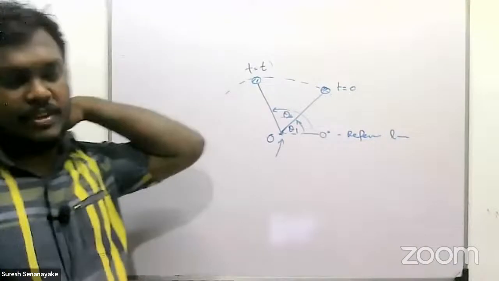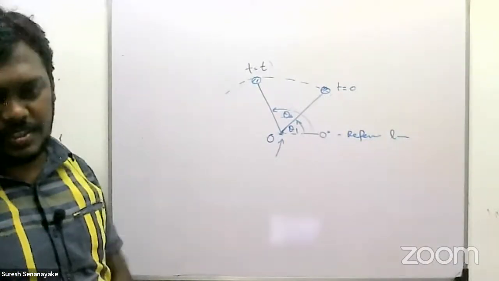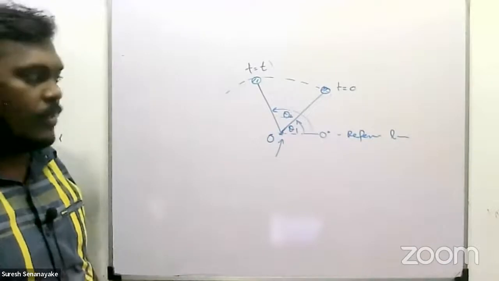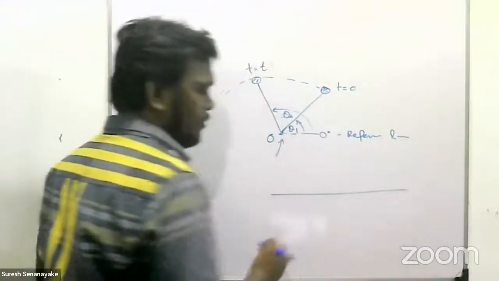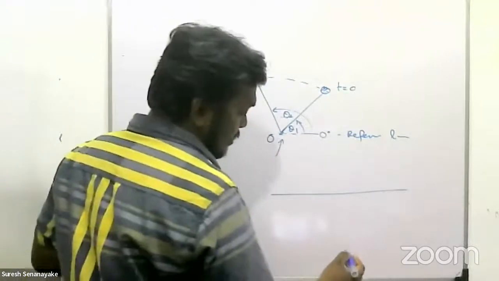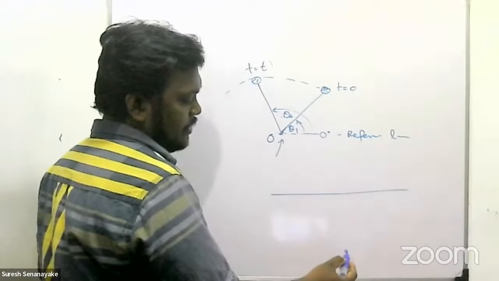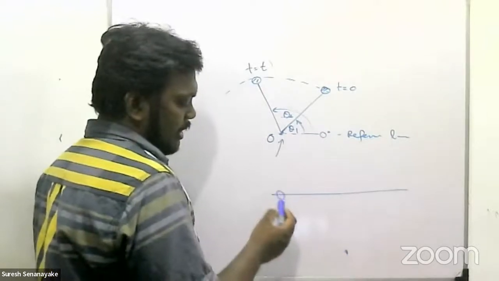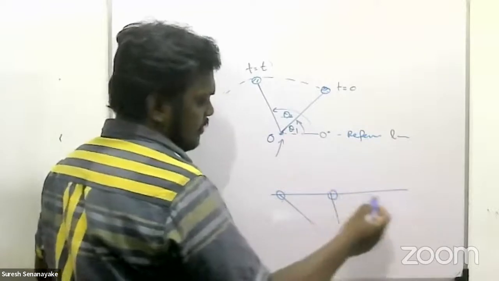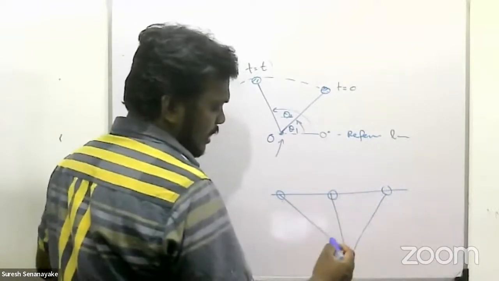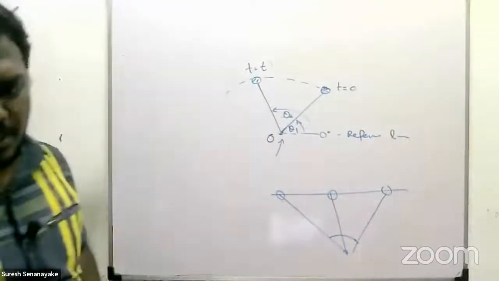Any object moving in a curved path, we can consider as angular motion. Also, when an object is moving in a linear path, but you consider a fixed point there, with the motion the angular position about this point also changes.